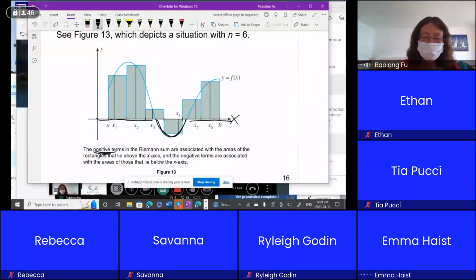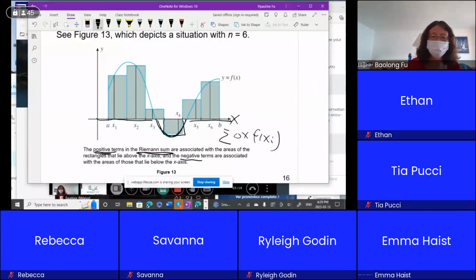If the rectangle is below the x-axis, you have a negative term. By the way, there's a terminology, Riemann sum. It is actually, remember, delta x times f(xi), add them all. That is the Riemann sum.